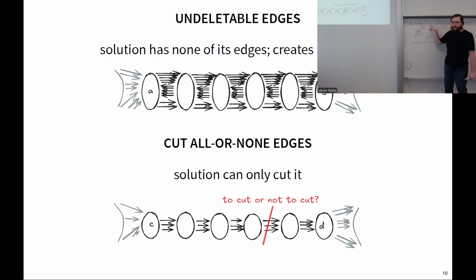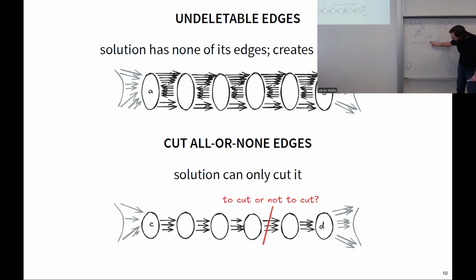What this gadget forces is that these two will end up in the same strongly connected component. If you do it for every pair, all of these vertices will end up in the strongly connected component in the end. And if you make it long enough, then you can't cut an edge here and an edge here and that edge here, right? You can't make it slim.